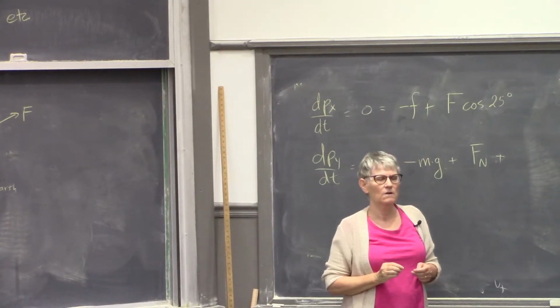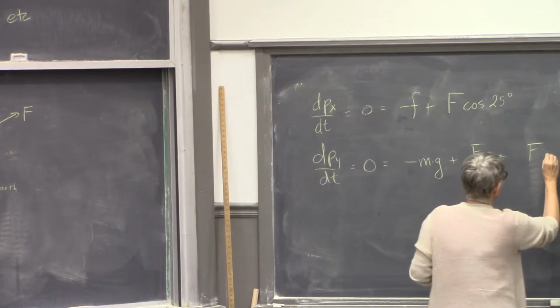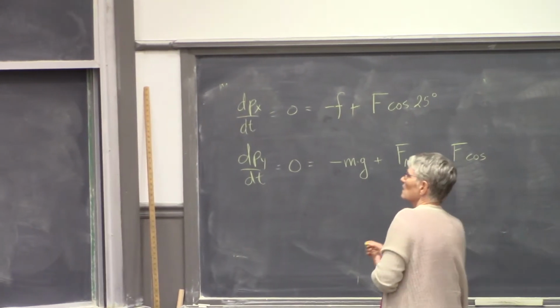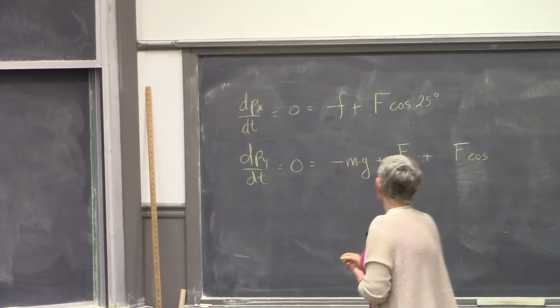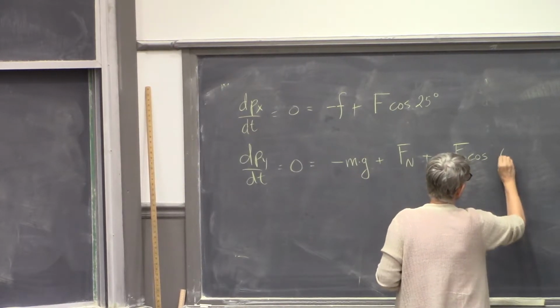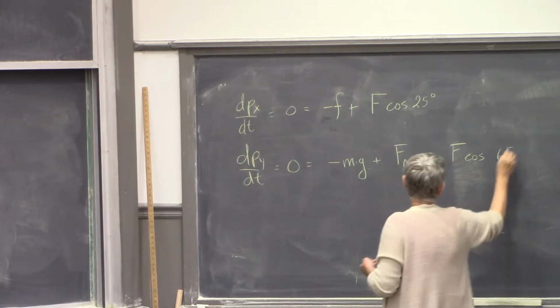The y component of the pulling force, so that's F cosine of what? 65. 65 plus 25 is indeed 90.